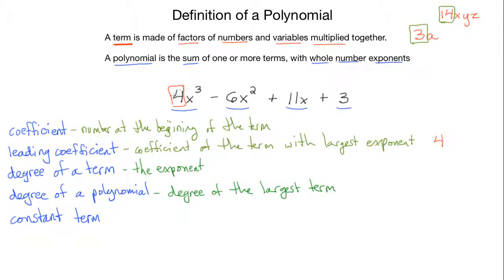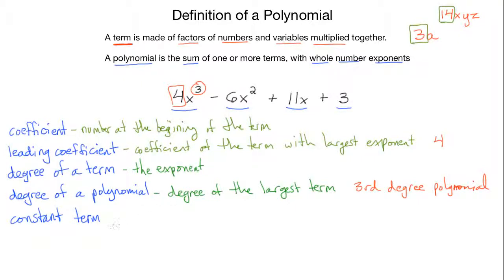The term with the largest exponent is x to the third. And so this polynomial I have here is four terms, but it is a third degree polynomial because it has an x to the third power.